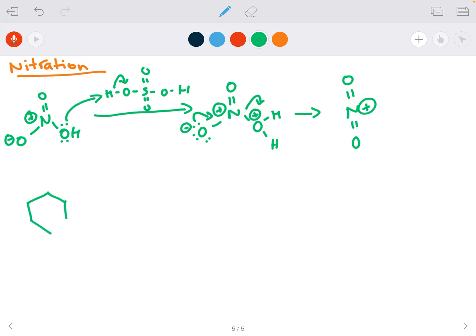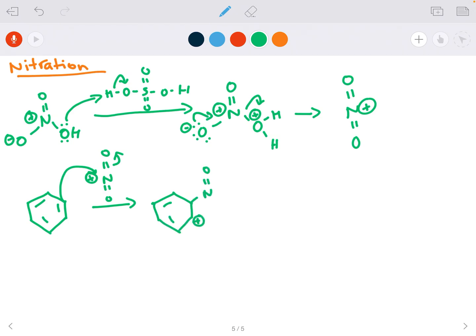So now my benzene ring will come and attack this great electrophile, leaving me now with a carbocation, and then my nitro group that I've added onto the ring.